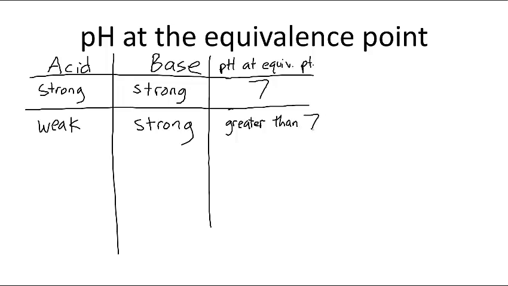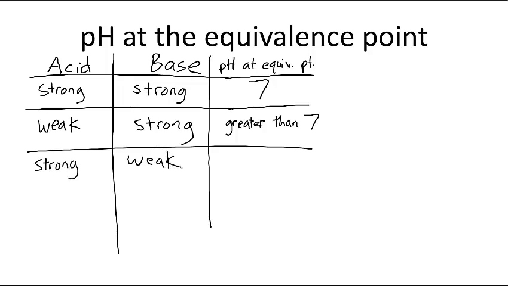How much greater than 7 is going to depend really on the strength of the weak acid. And if you have a strong acid but a weak base, who will win? The acid will win, so the pH will be less than 7.